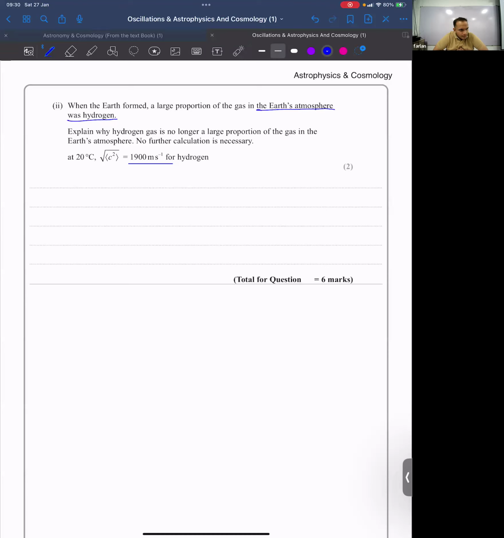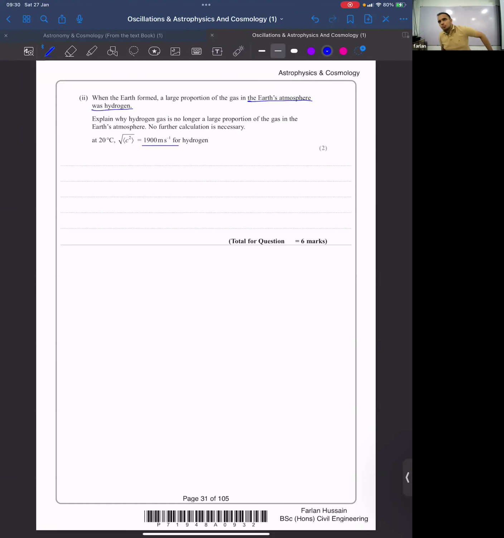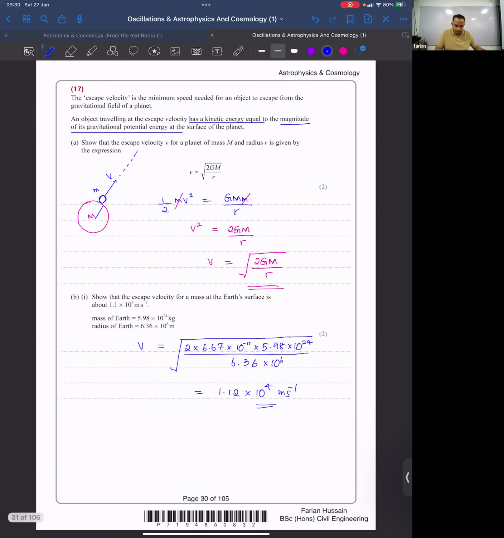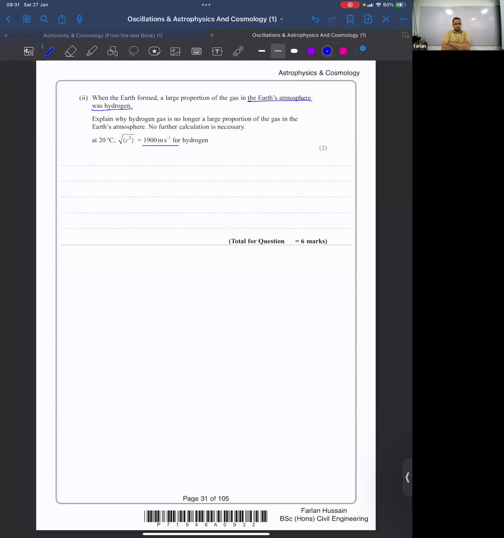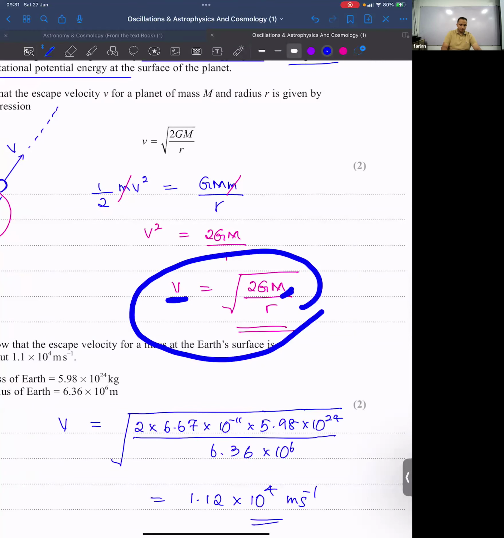Okay, so guys, did you realize in the previous part, v is equal to square root of 2GM over R. So that escape velocity depends on the mass.